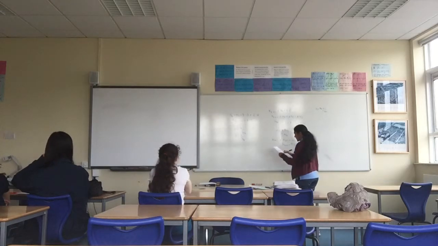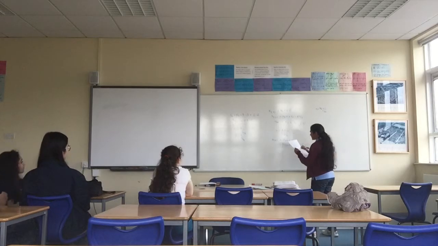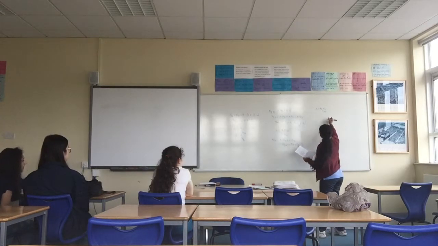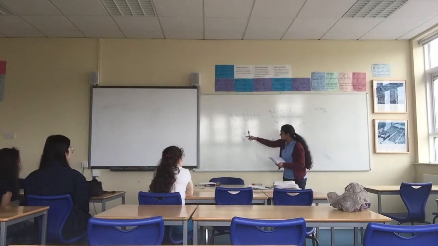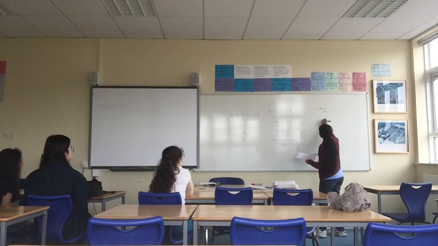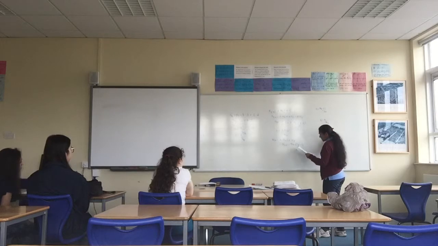Okay, so the first question asks about the mortality as per capita death rate, which we can use this equation to find the answer. And the answer would be 20 over 850.